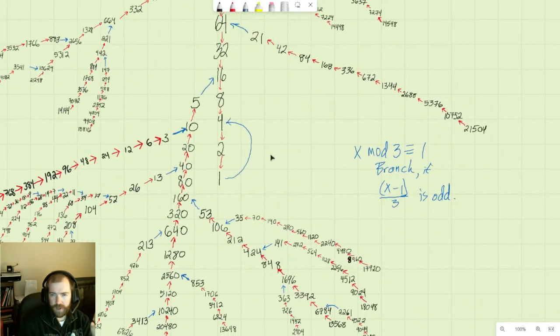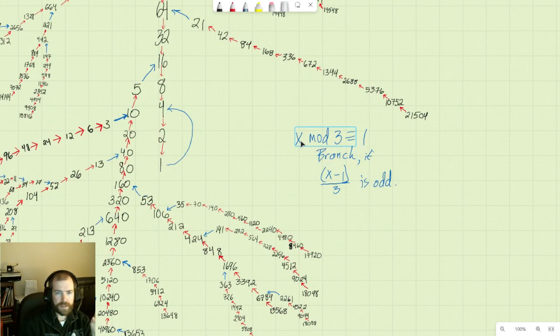So I did figure out that x mod 3 is going to be equivalent to 1, and it's going to branch if (x minus 1) over 3 is odd. If (x minus 1) over 3 is even, then the number up top will divide by 2 to get to a different number, not do the multiply by 3 and add 1 bit to get to where we are.